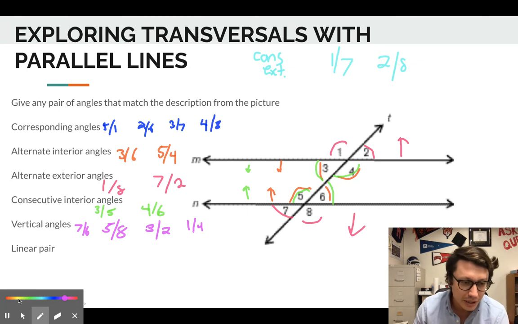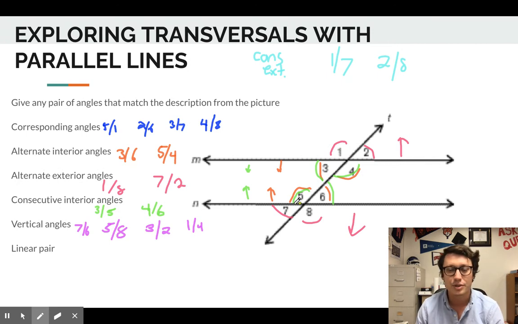And linear pair, I'm going to write in yellow. Hopefully you can see it. Linear pair means right next to each other, add up to 180. There's a lot here, so 7, 5 works. Also, 5, 6 works. 7, 8 works. And 8, 6 works.